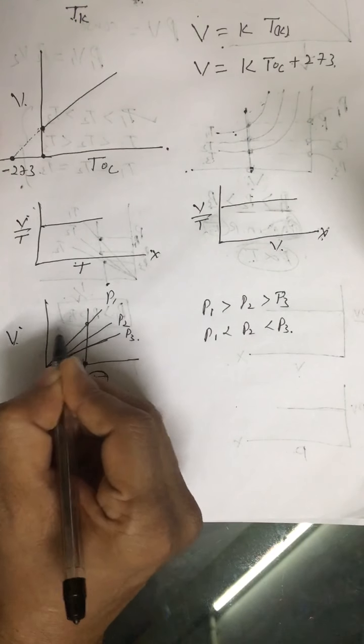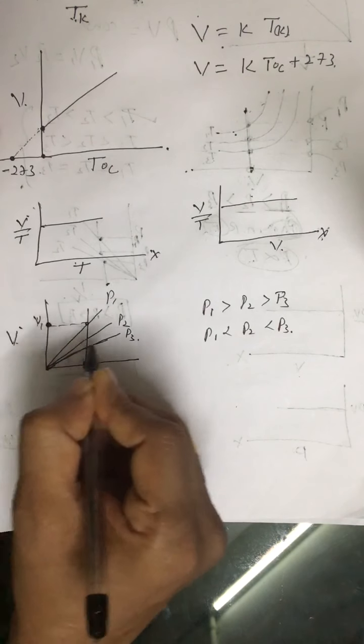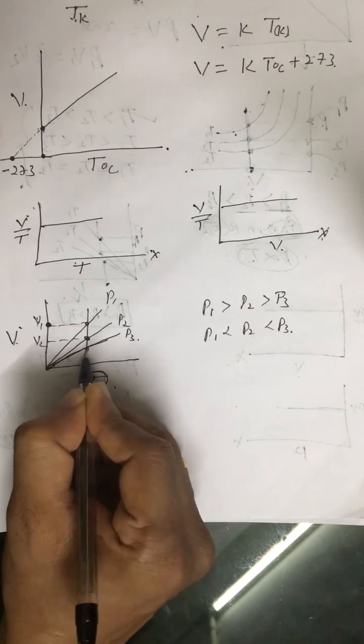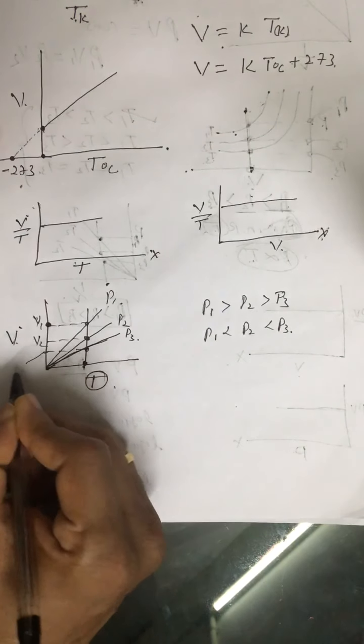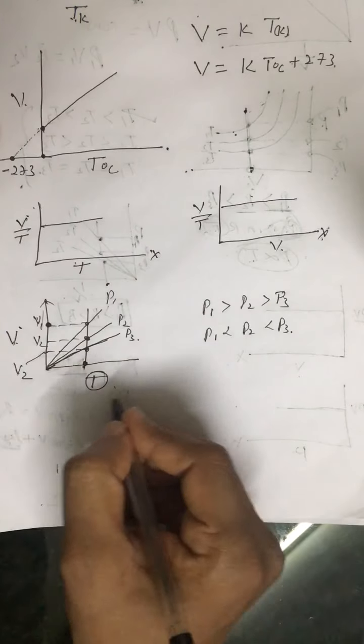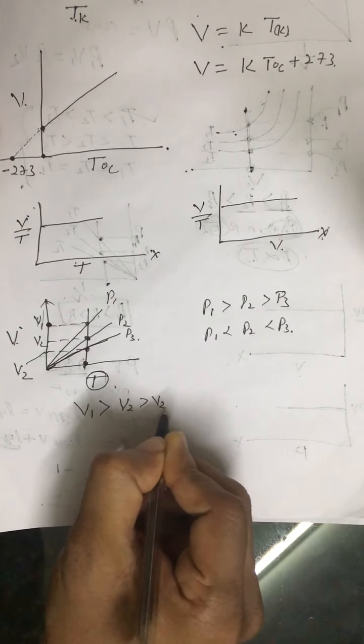Now if you look at this point, this is say V1, this point indicates V2 and this point indicates V3. From the graph you can say this is an increasing direction, so V1 is greater than V2 is greater than V3.